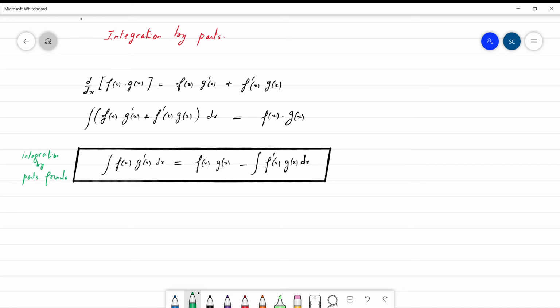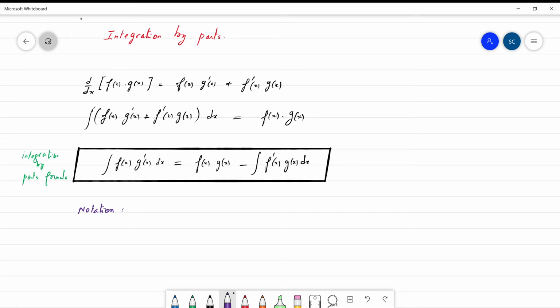A practical way to memorize or practice this is to introduce the following notation.